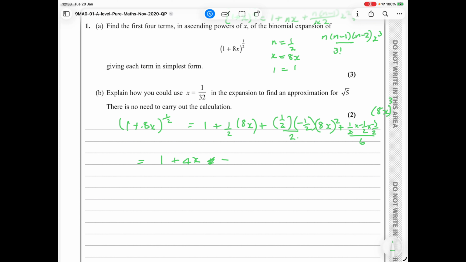So that is going to be 1 over 8 times 8 squared, which is 64. And those both go to make 8x squared. And then this one is going to be half, half, half. So it's 8 to the 3.